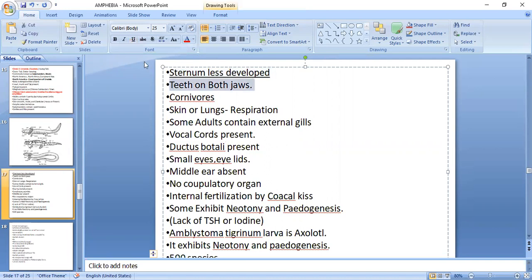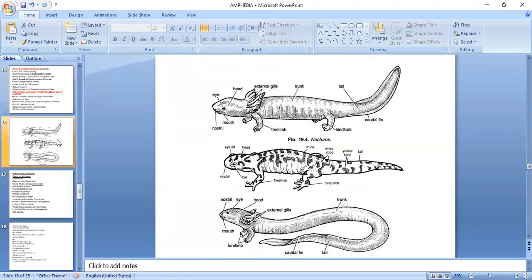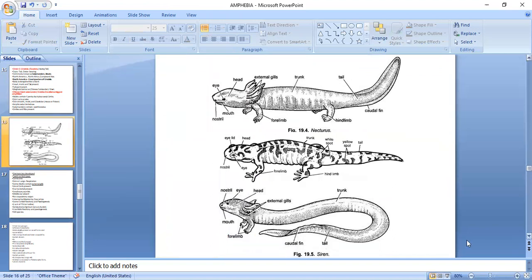Teeth on both jaws. This will come again, you remember this. And these are carnivores. Respiration is by skin and lungs. Some adults contain external gills. Some adults also retain external gills. This one is Necturus and this is Proteus. If you observe this diagram, see, these are external gills. They are present, I think, only in these salamanders.